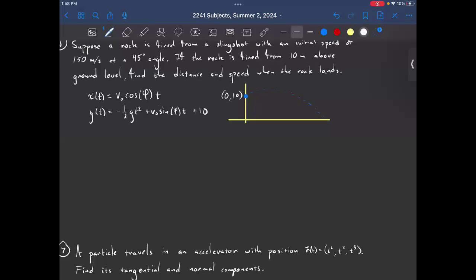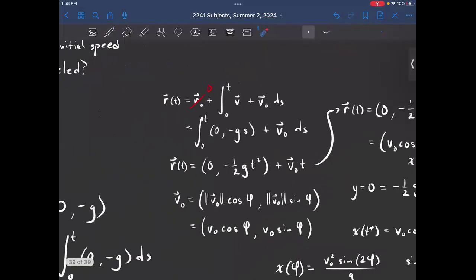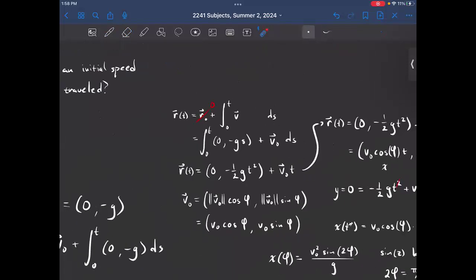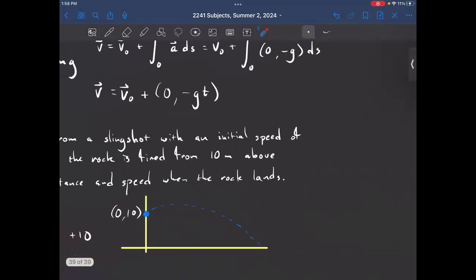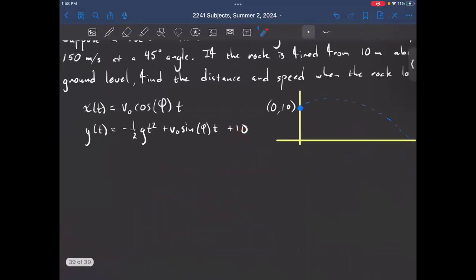Okay, so if you go back to our previous problem, when I looked at integrating v to get r, the initial position canceled out because I set everything to 0. But now this shouldn't cancel out and I get 0, 10. Well, that just gets added in to the equation here. So that's what's happening in this problem. I've just added in that extra term with 10.